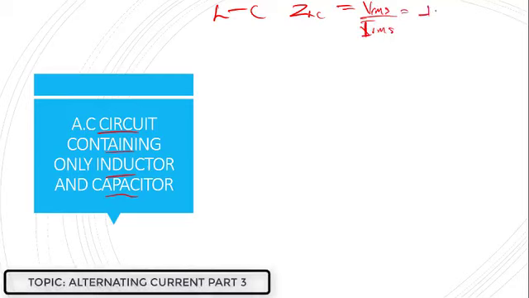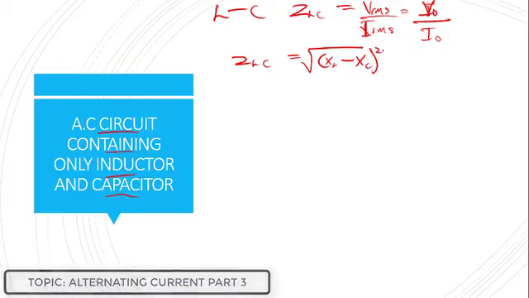It's also given by the peak value of the voltage divided by the peak value of the current. Subsequently, the impedance is given by the square root of the inductive reactance minus the capacitive reactance, both squared, which gives us the inductive reactance minus the capacitive reactance.